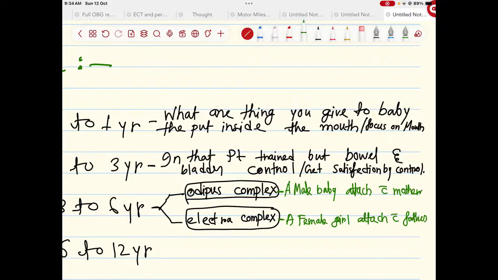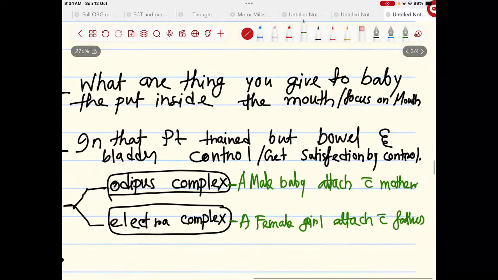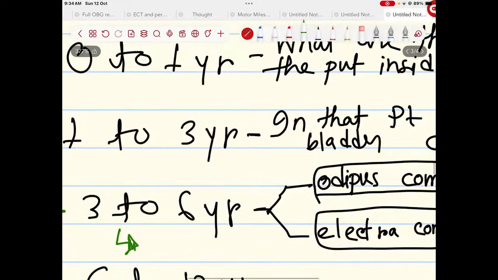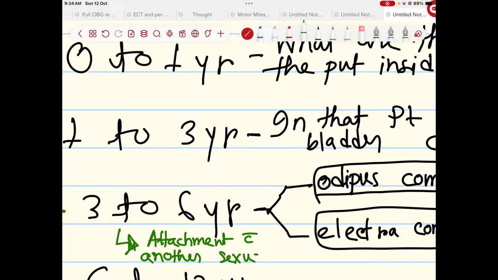So these two are the Electra complex, if the female girl is attached to her father. So what happens here is attachment with the other sex, with another sexual character.